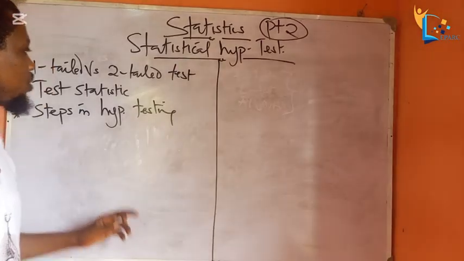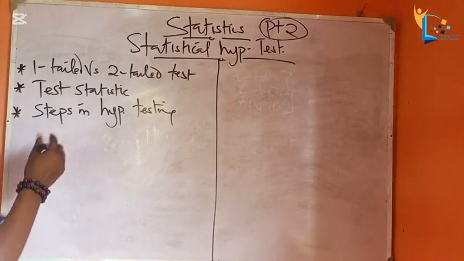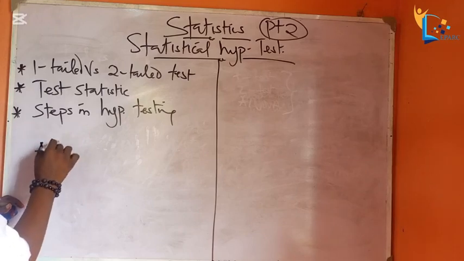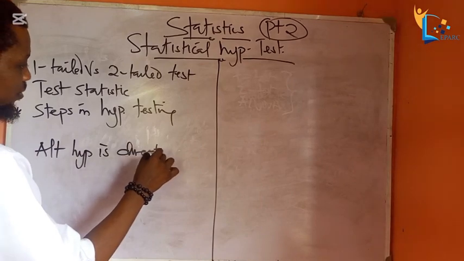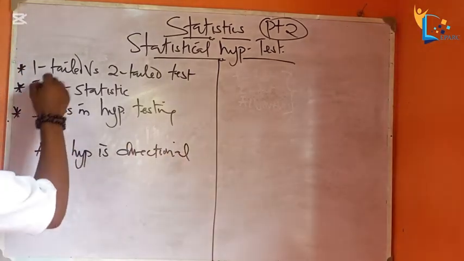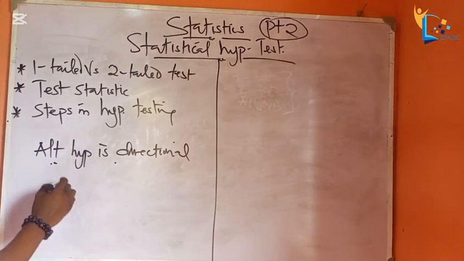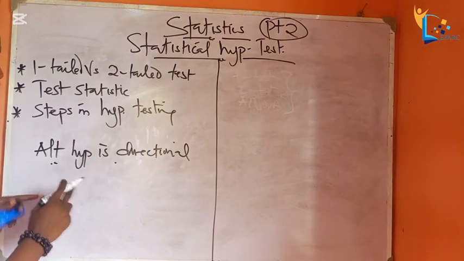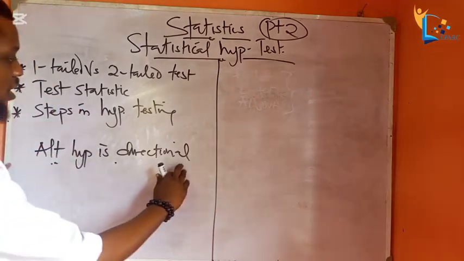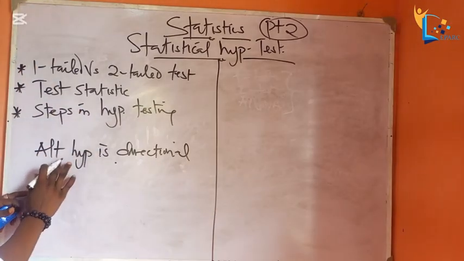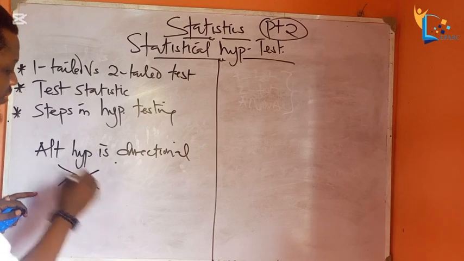A test is one tail if the alternate hypothesis is what? Directional. When we did directional and non-directional hypotheses, we said a hypothesis is directional when it makes use of either greater than or less than.